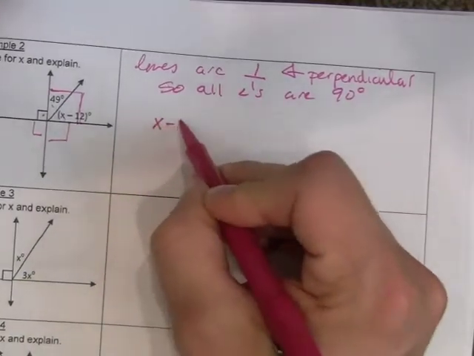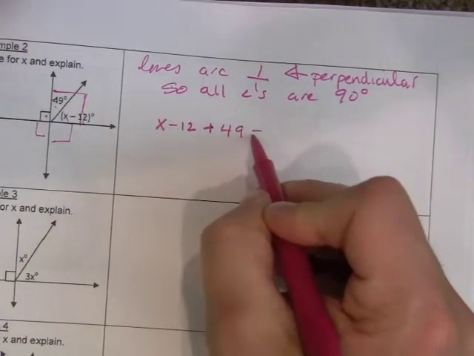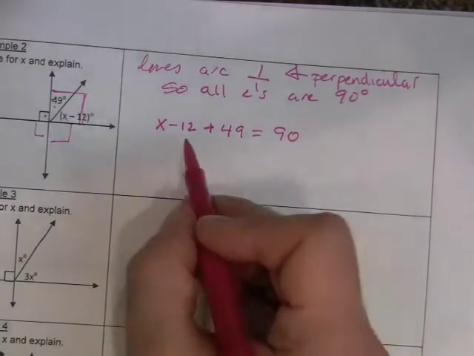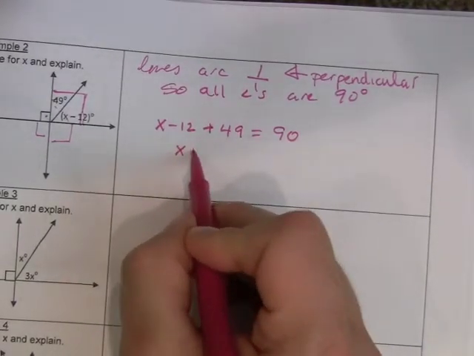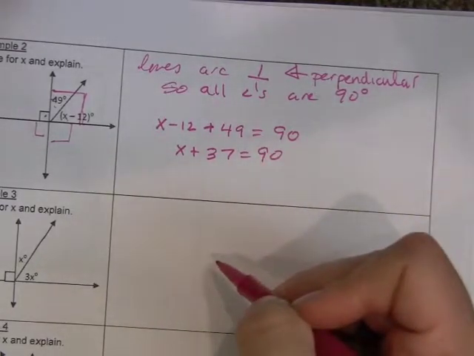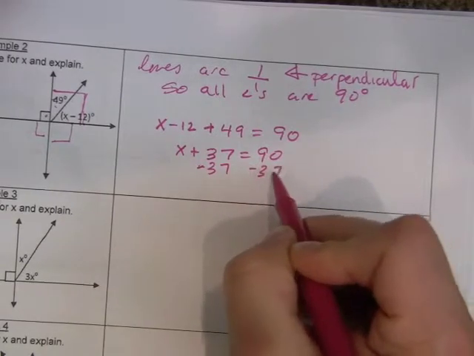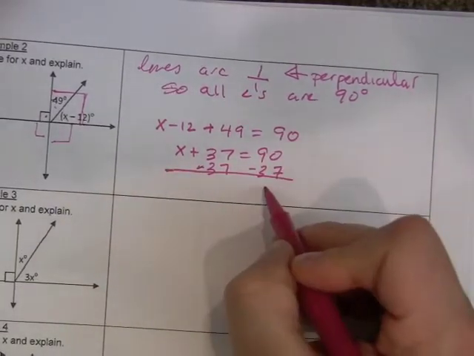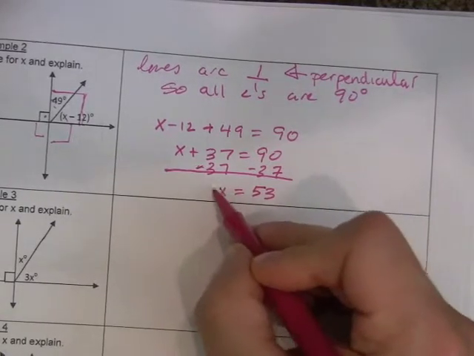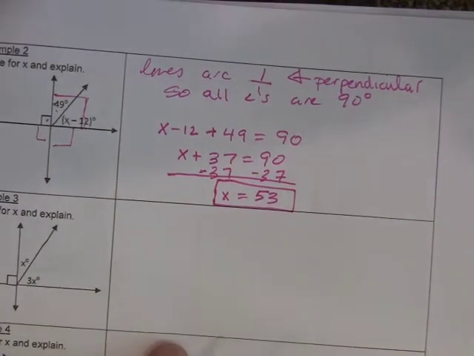So I can do x minus 12 plus 49 equals 90 degrees. Combining like terms here would give me x plus 37 equals 90. And when I subtract 37, I would get 53, to get my solution.